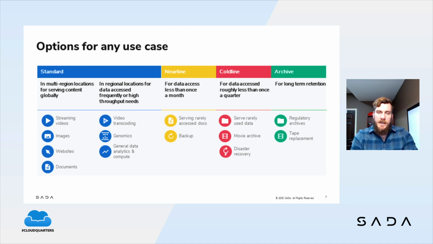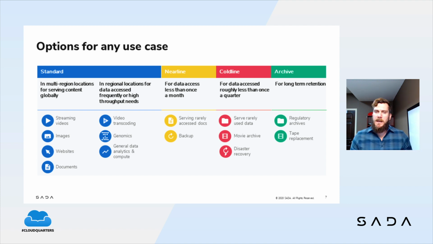So we've got different flavors of Cloud Storage depending on the use case that you have. We start out with Standard. This is either a regional or a multi-regional setup. It's good for things like video transcoding, storing images, and websites where data is going to be frequently accessed and pulled. And then we move into things that are accessed a little bit less, less than once a month.